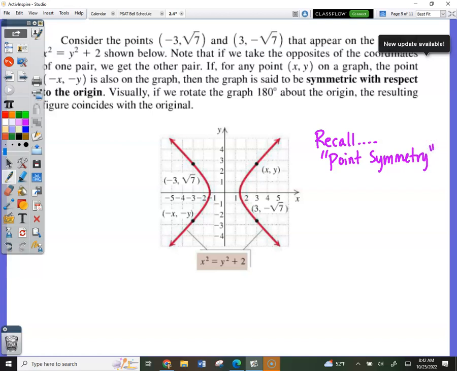It was called point symmetry because basically you held your finger down on a point, which was the origin, and you rotated it 180, and if the image landed in the same shape, it was symmetrical around the origin by 180 degrees. You may not remember that one from geometry because it doesn't come up a lot. Because if you think about it, there's not a lot of shapes that you can do that to.